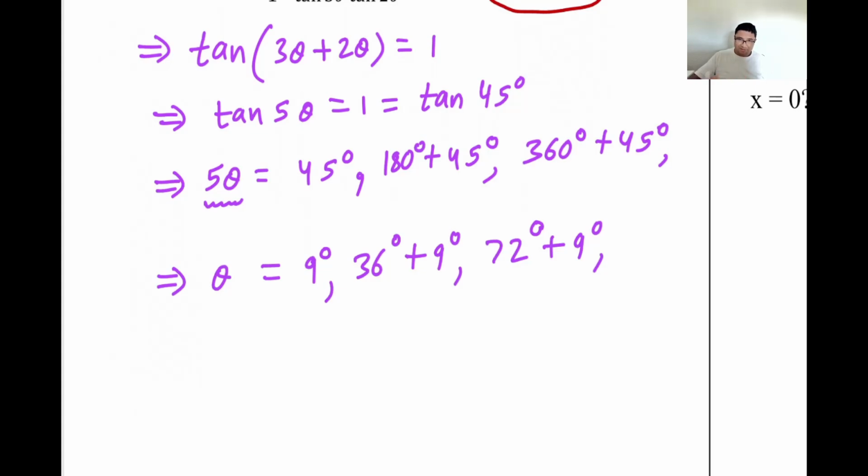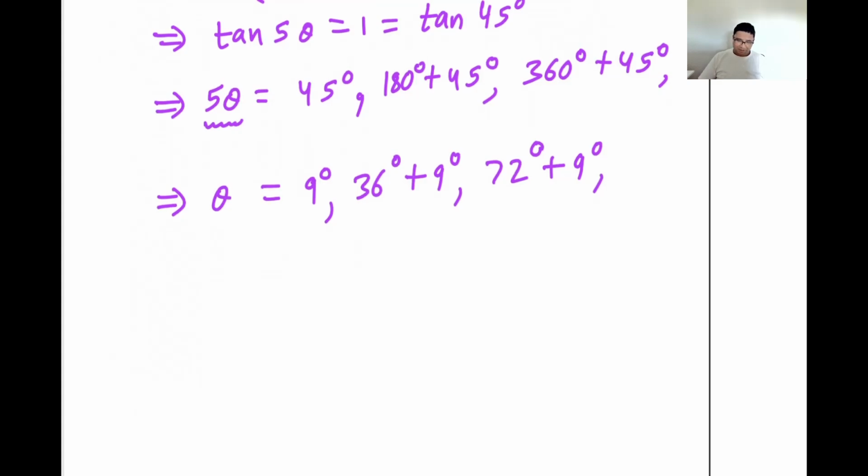That means there are many more angles to come, right? The next one would be 108 degrees plus 9 degrees. Next would be another multiple, 144 degrees plus 9 degrees. And then add 36, 180 degrees plus 9 degrees.